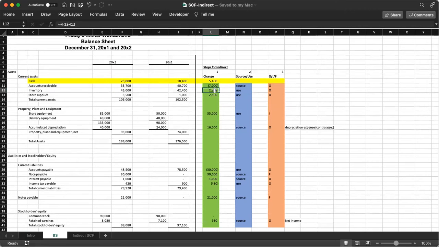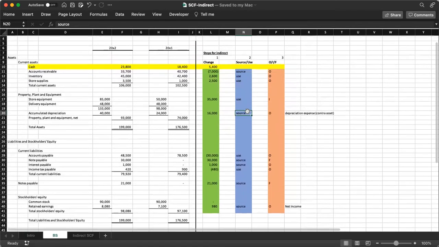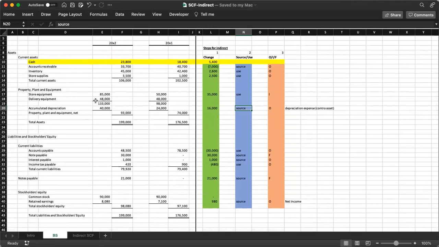Inventory increased. That means we spent money to obtain inventory, thus being a use of cash. The one thing I will highlight here is the accumulated depreciation. You notice how this goes up, and you would say this is a current asset. And you would be right, but it is a contra asset, thus making it a source.